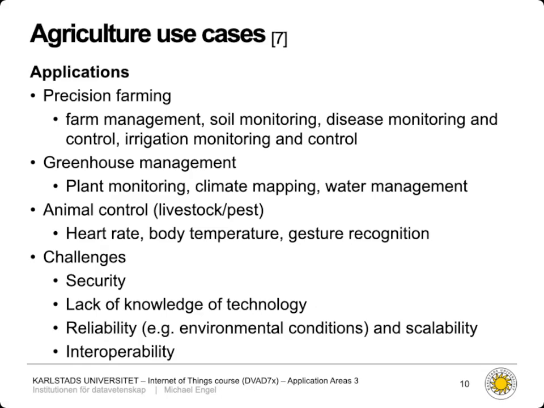And there are also, as we see in a bit, methods for gesture recognition, but you can also try to control animals that you don't want to have, like pests trying to eat your crops. So you could also try to figure out if these are approaching, like maybe birds trying to eat your fruit, and you could try to repel them, maybe using ultrasonic sensors. We'll see an application in a bit.